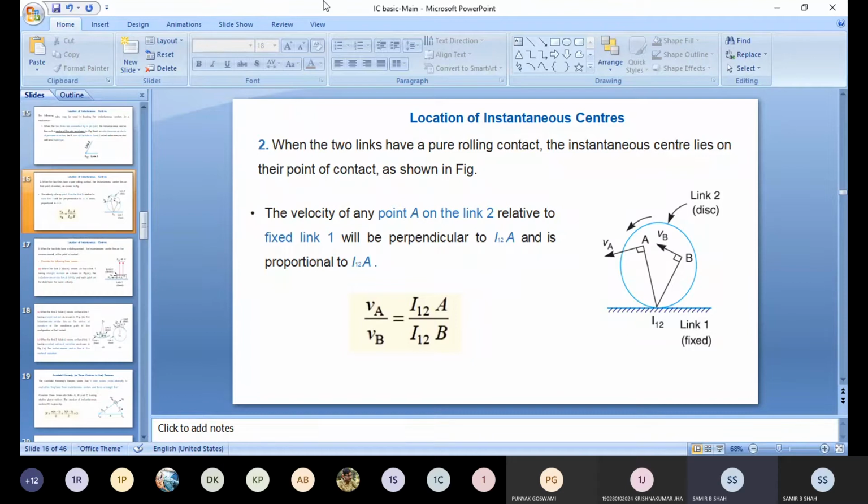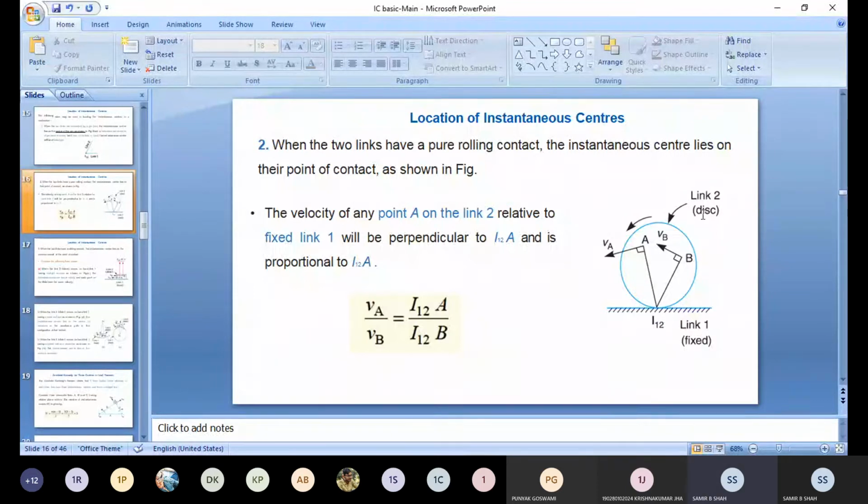Whenever there is contact, you can see it here, it may be contact at this point. So we consider that it is the I center of link 1 and link 2.